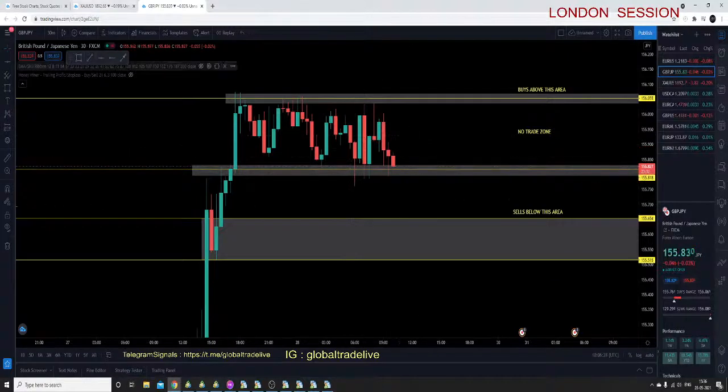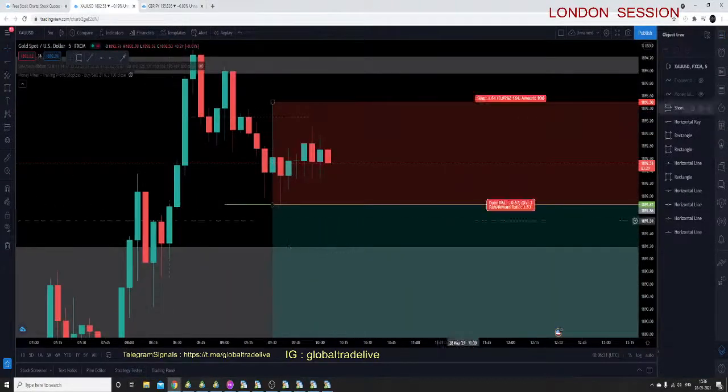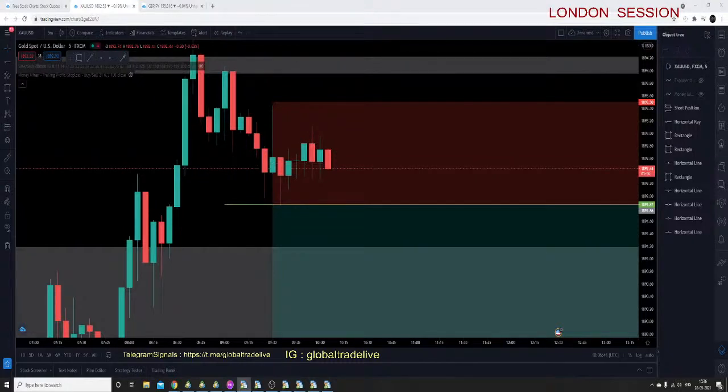Okay, GBP/JPY is about to break below. There is a chance to go up on gold.